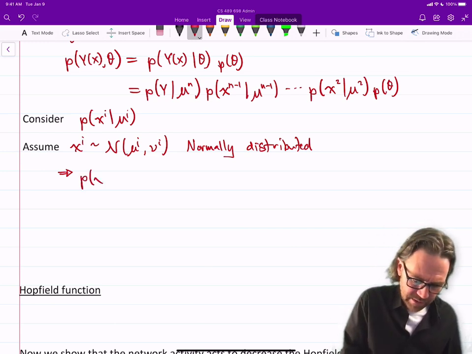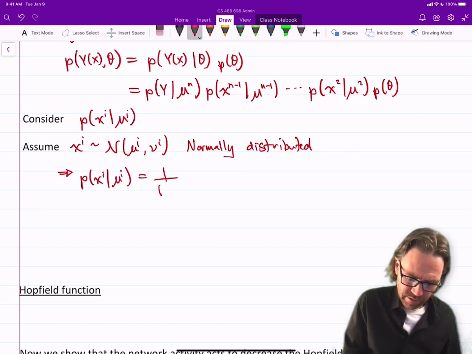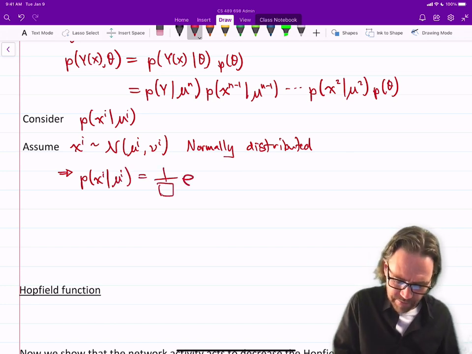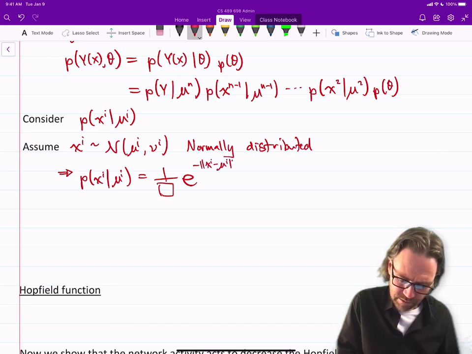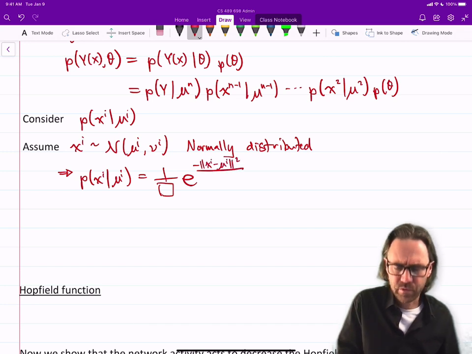Therefore, the probability of xi given mu i is 1 over something. This is just a Gaussian function now. e to the minus (xi minus mu i) squared over 2 eta i.